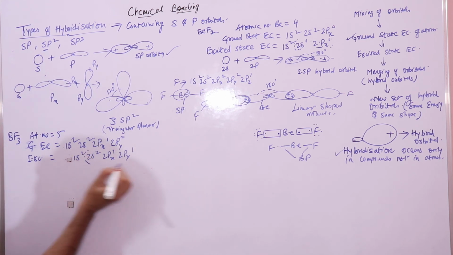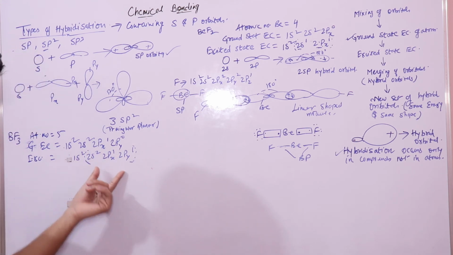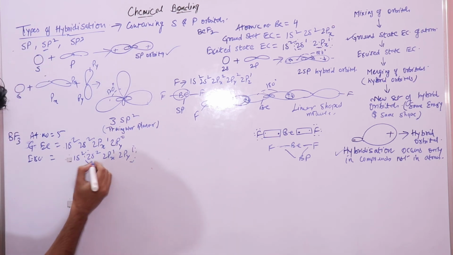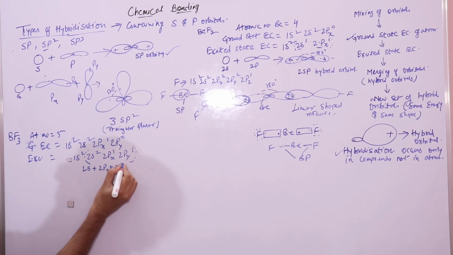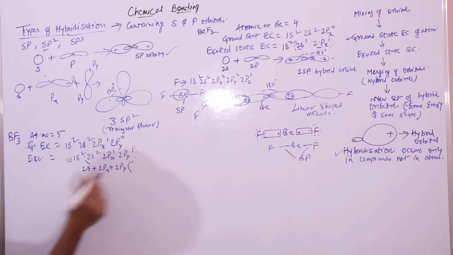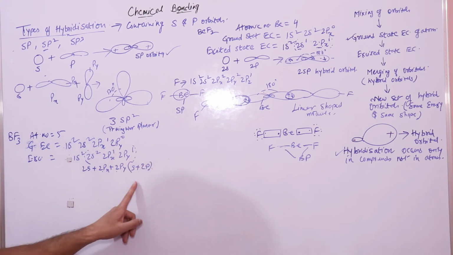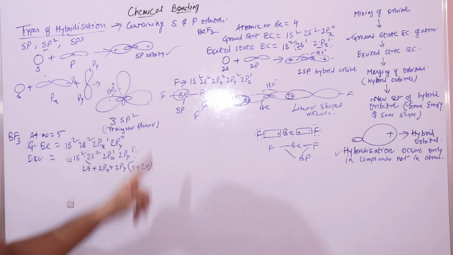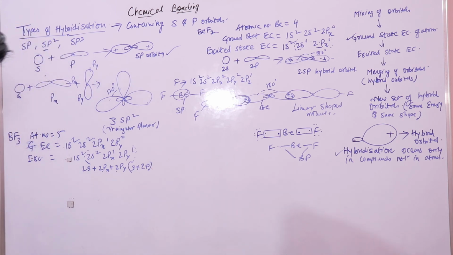Now these 3 orbitals have nearly the same energy, because orbitals of the same shell will undergo hybridization, right? So this 2s plus 2px plus 2py, that means the s and p orbitals will undergo hybridization to form a new set of 3 sp2 hybrid orbitals, right?